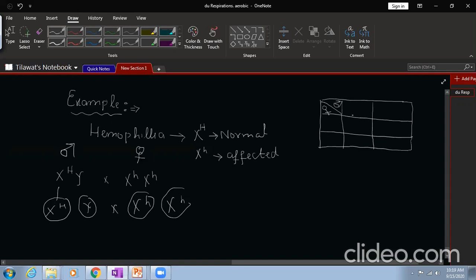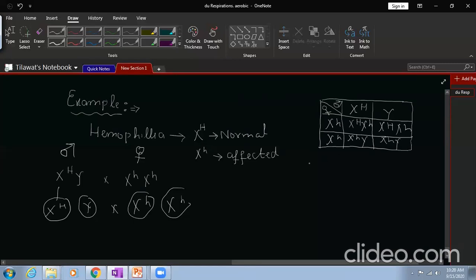Now I will put it here: XH gamete for male and Y, and X small h and X small h. So when I do a cross, XH with X small h, and now do for the Y, X small h Y and X small h Y.